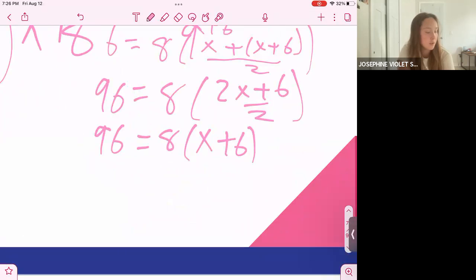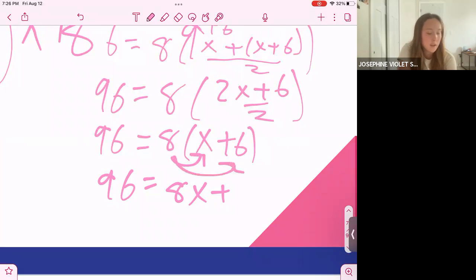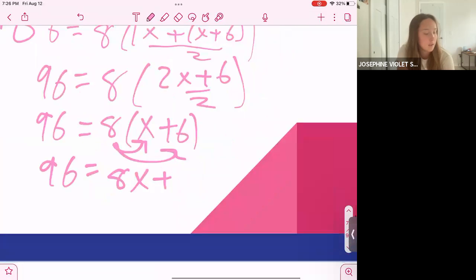And we can multiply that out. So 96 equals 8x plus, I don't know if you guys have learned algebra, but this is kind of like a distributive property. When you multiply two things within parentheses that are added by something outside of it, you multiply by each one of those, and then you add the two things. So that would be 96 equals 8x plus 48.